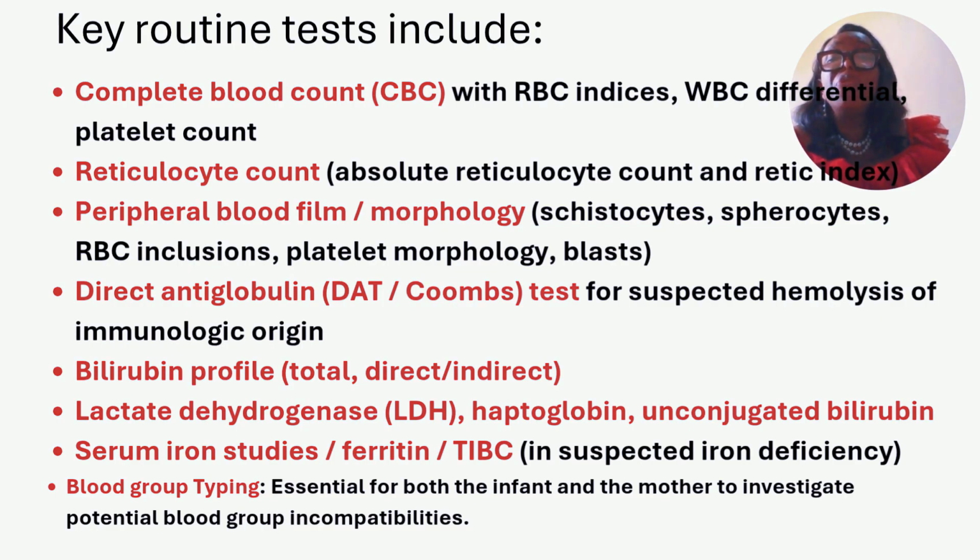Then bilirubin profile tests that include total bilirubin, direct or indirect, lactate dehydrogenase assay, haptoglobin test, unconjugated bilirubin estimation, serum iron studies, ferritin, TIBC in suspected iron deficiency, and then blood group typing, which is essential for both the infant and the mother to investigate potential blood group incompatibility.